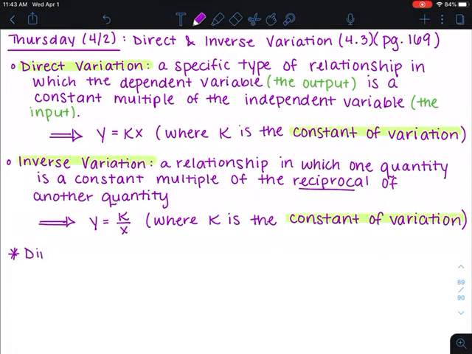So let's first look at direct variation. Alrighty, so if they gave you a table, they're going to give you x and y values.